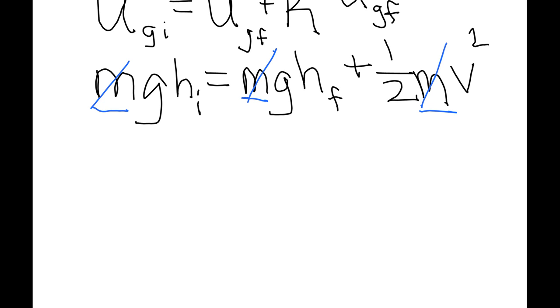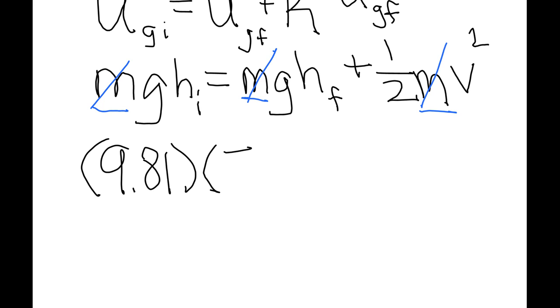Now that we've canceled out the masses, let's go ahead and plug in the actual numbers that we know. We know that initial height and we know g, and let's take a moment to notice that we are plugging in g as 9.81, not negative 9.81. Acceleration due to gravity is in the negative direction typically, but when we see g in a formula, we are talking about the constant g, which is a positive 9.81.